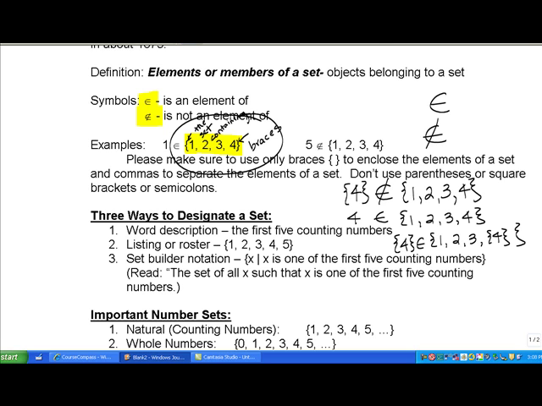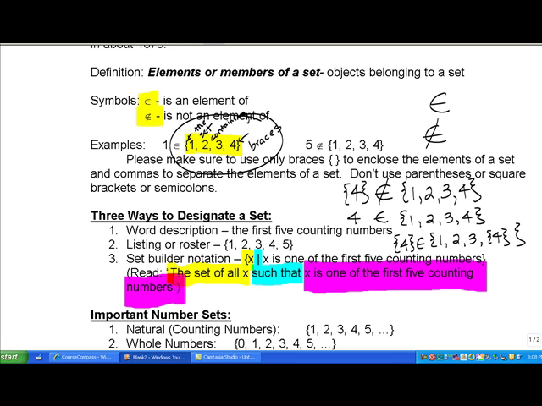And the way we read this, and you can see it's the set of all x, the set of all x. And let's see if I can highlight with a different color. Such that, that line there is "such that," and then x is one of the first 5 counting numbers.